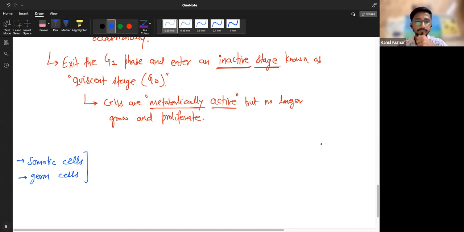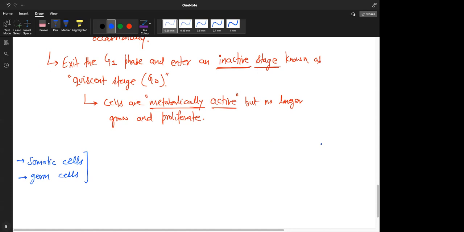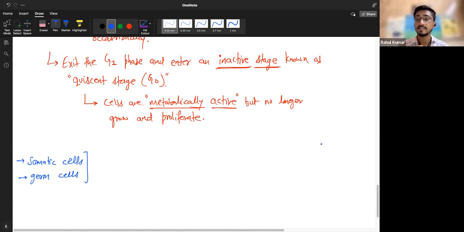Germ cells are the gamete cells, sperms and ovum. They're also known as sex cells, which give rise to a zygote upon fertilization. Somatic cells are every other cell of the body apart from germ cells, apart from the sperms and the ovum. So apart from reproductive cells, all other cells in the body of every organ are somatic cells.